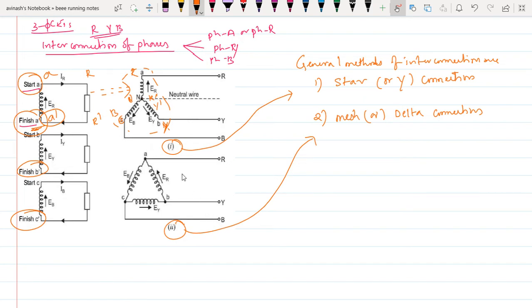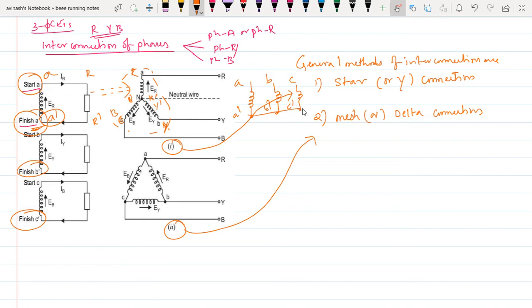How do we connect this? Instead of this model, we can also connect like this. Let us take three windings where all three ending points are connected. This is A, this is A dash. If it is B, then B dash, and C dash.